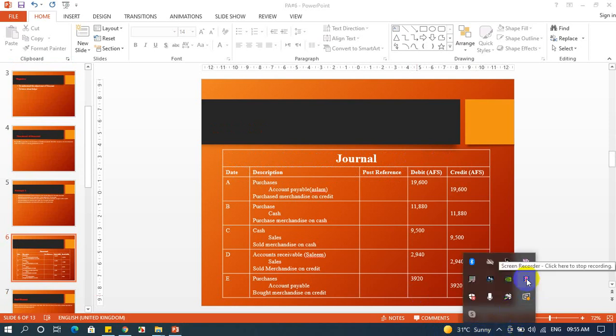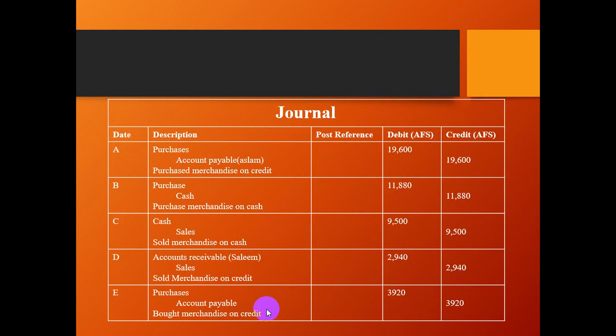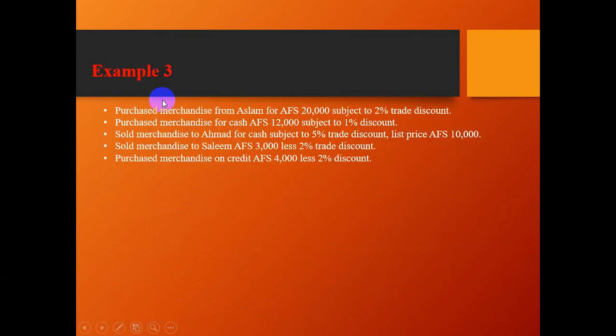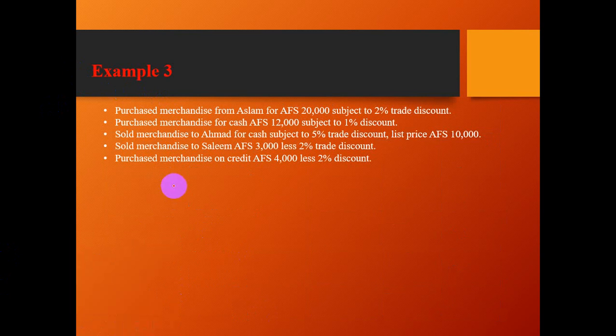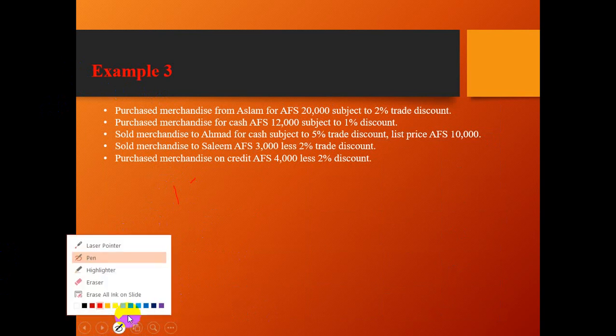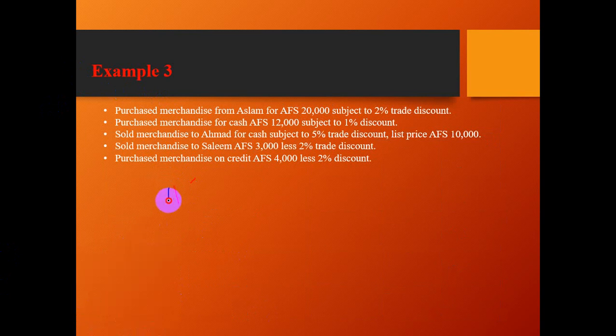The second transaction given here in the example is purchase merchandise for cash. How much is the cost? 12,000. So we are purchasing for 12,000. 12,000 multiplied by the discount, which is here 1%, 1 by 100, right?